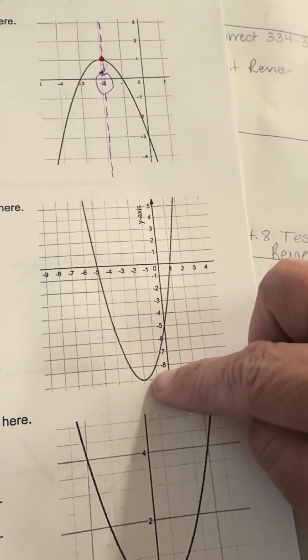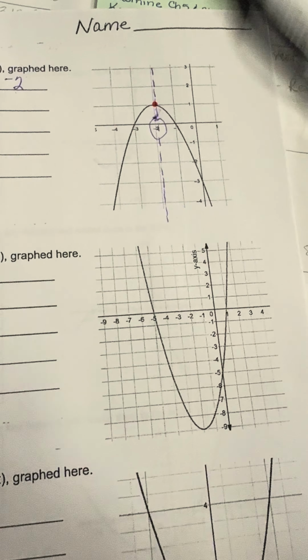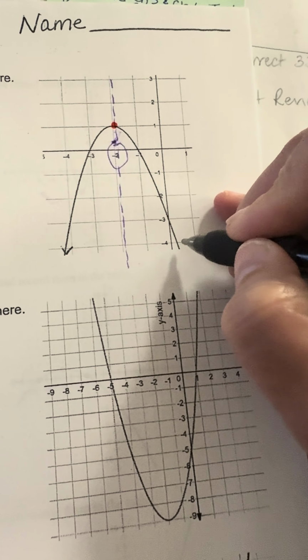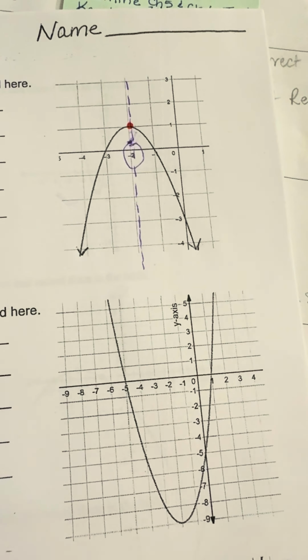in real life. If I was to make you look for the maximum of this graph, I would be asking you to look for the highest point. But if I asked you to look for the minimum of this graph, it continues forever and ever down.